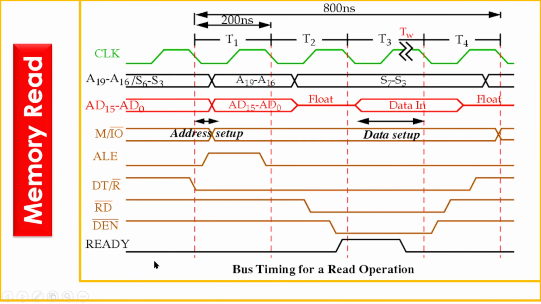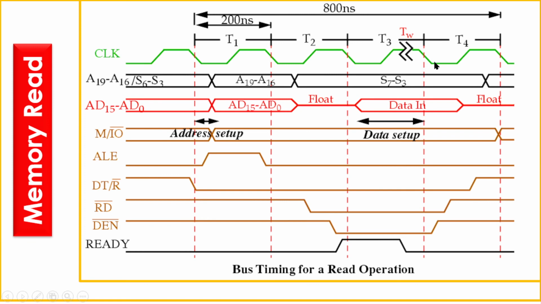Then the ready signal is normally given by the external device. If the external device is ready, it will give a high signal here. Then the external device will release the data to this. This is the ready signal of the memory actually. So it's easy to understand.